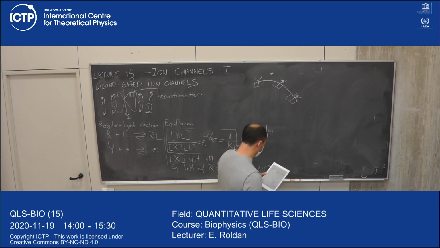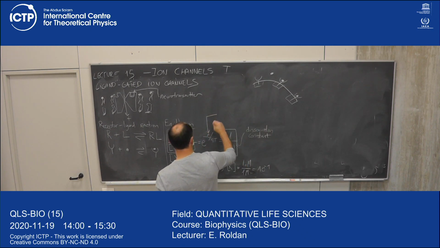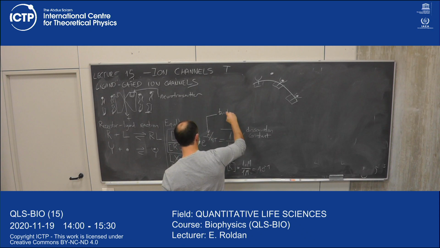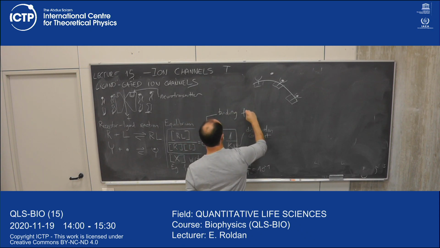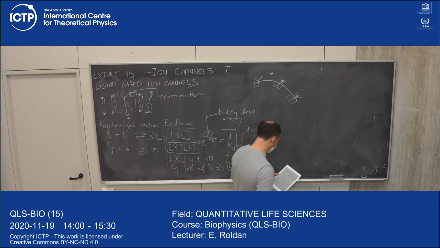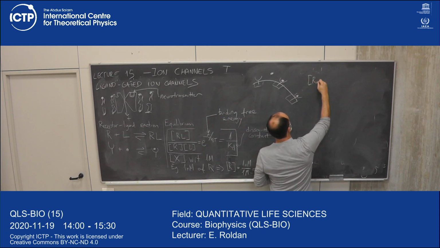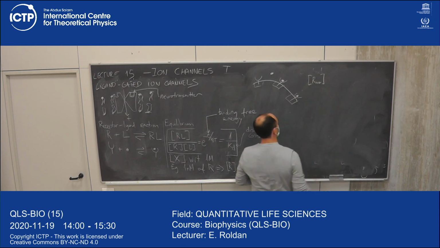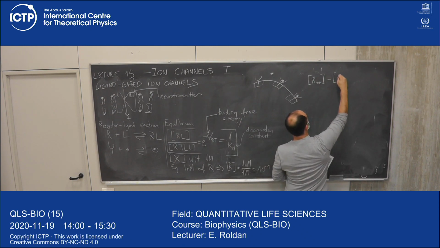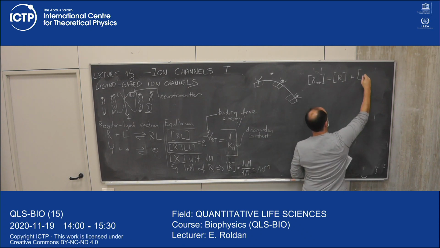But the key point is, remember, this is the binding free energy. What I want to say is that there will be a total amount of receptors, among which some of them are free and some of them are occupied.